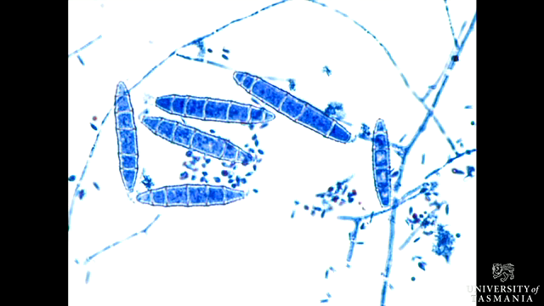Here's the microscopy. This is a fungus with two kinds of conidia. There are microconidia and macroconidia, so small ones and big ones. The small ones tend to be elongated, so oval shaped, often a bit rounder.